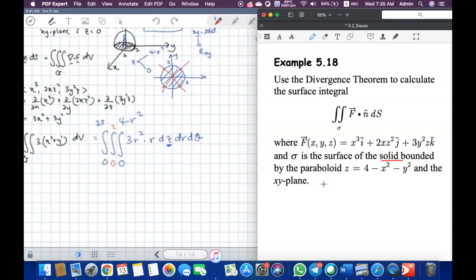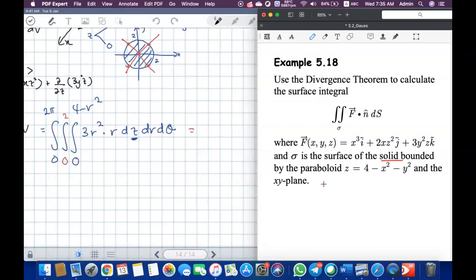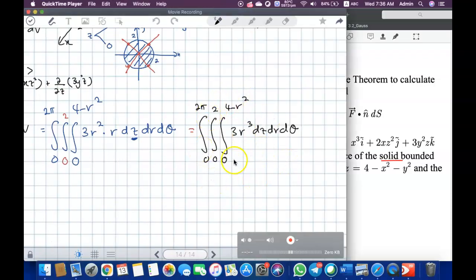So this is your triple integral, which simplifies to 3r cubed dz dr d theta, with limits 0 to 2 pi, 0 to 2, and 0 to 4 minus r squared. It is just a simple polynomial: first integrate with respect to z, replace the limits, and so on.